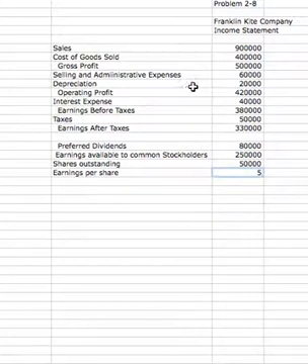And that gives us $5 in earnings per share.